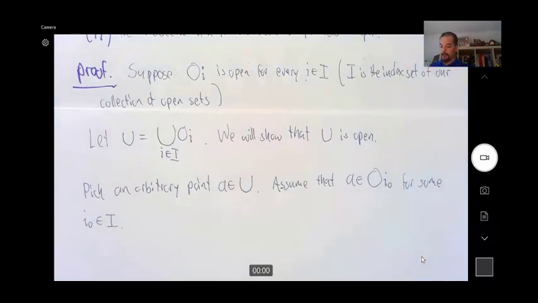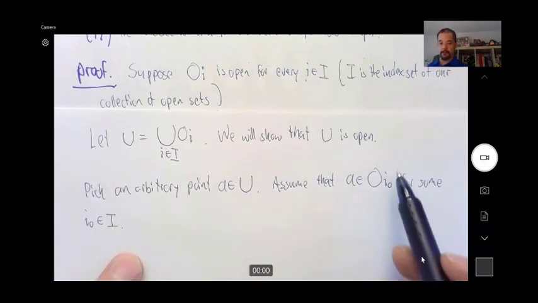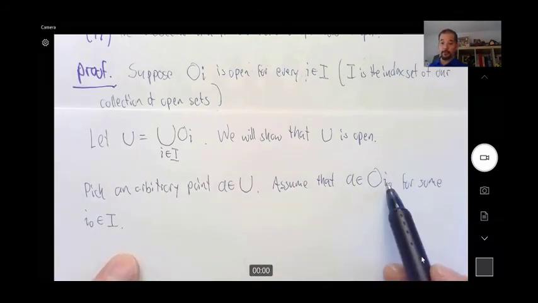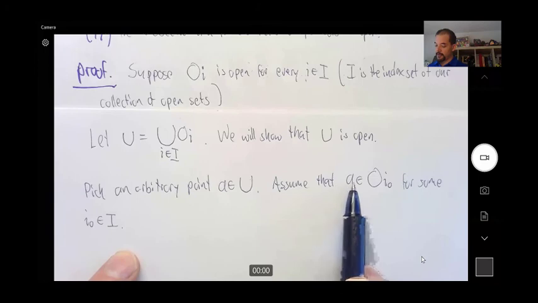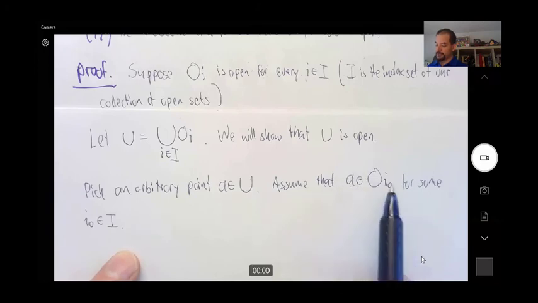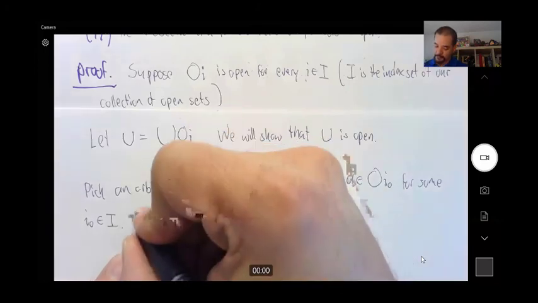Okay. And then I'm going to use the fact that this guy is open. Because I know this guy is open, there is an epsilon such that the neighborhood around this guy is inside O_{i_0}.